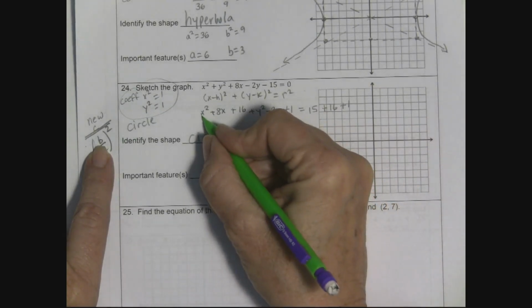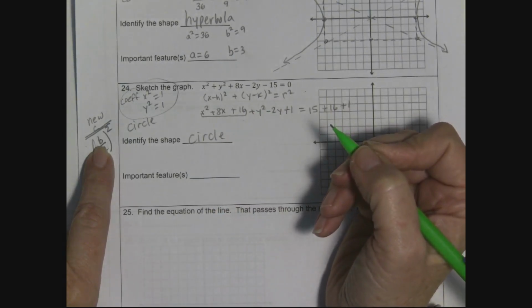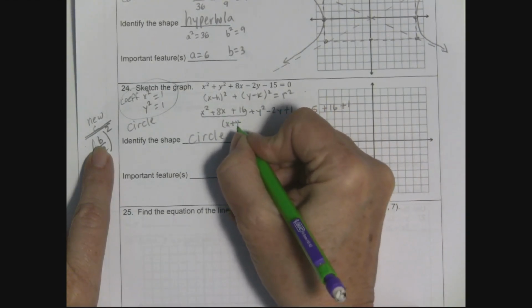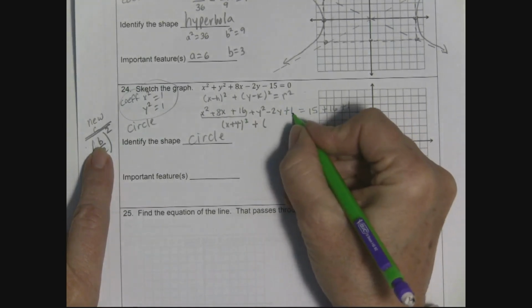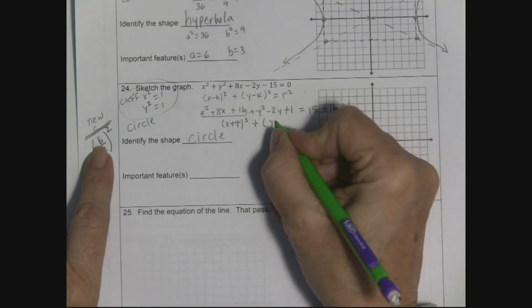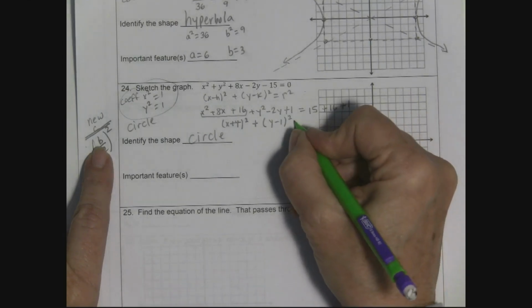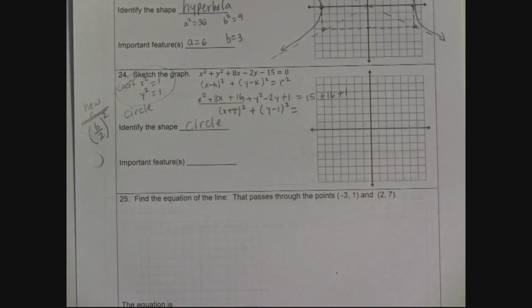And then you want to factor this. And how that factors is x plus 4 times x plus 4, which is x plus 4 quantity squared, plus y minus 1 times y minus 1, which is y minus 1 quantity squared, and then equals, 15 and 16 and 1 is 32.